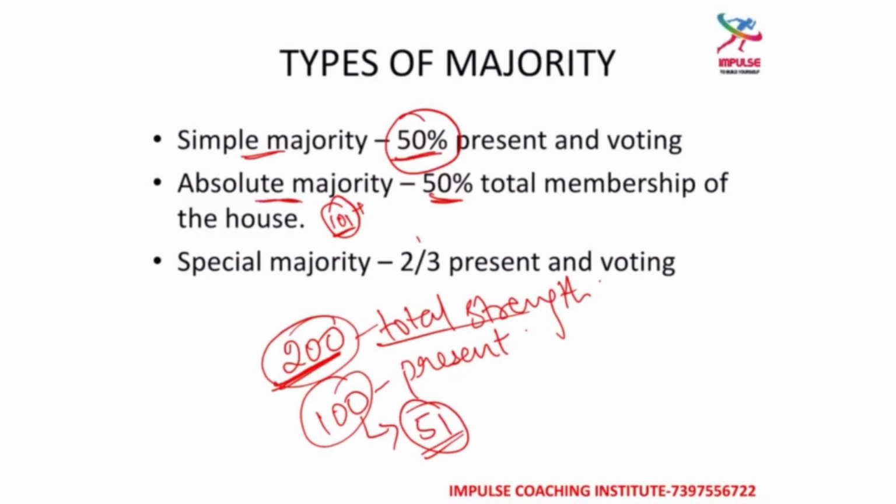Special majority is 2/3 present and voting. Here the total strength is 200, only 100 people are present, so 2/3 of 100. It should be more than 2/3 of 100. That is special majority.